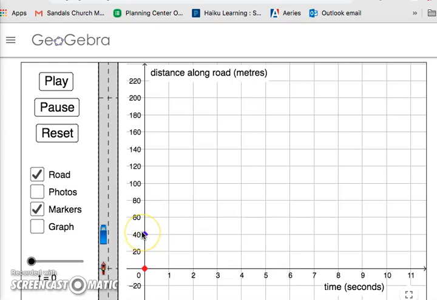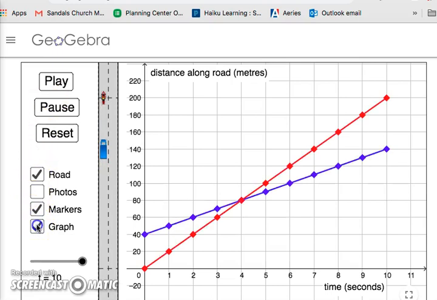Because remember, a distance time graph also means position time graph. So we are looking at where the position is of the individual objects. As I hit play, both objects are continuing to move, but because the motorcycle is moving faster than the bus, the line for the motorcycle has a steeper slope. The line for the bus has a more shallow slope.